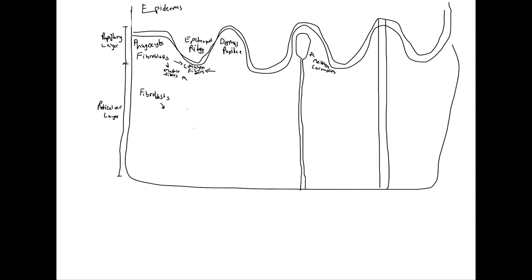The reticular layer also has two kinds of corpuscles. So while the papillary layer has Meissner's corpuscles, the reticular layer has Pacinian corpuscles, so they look like this.